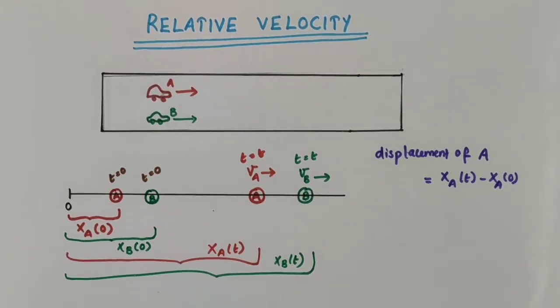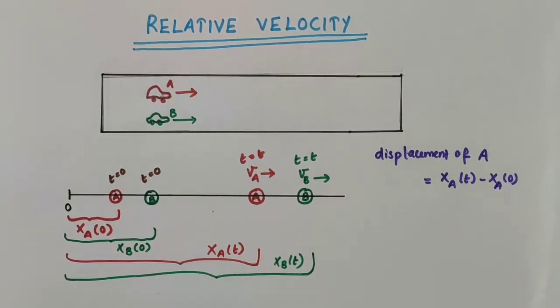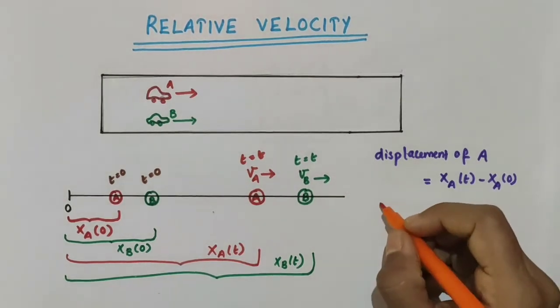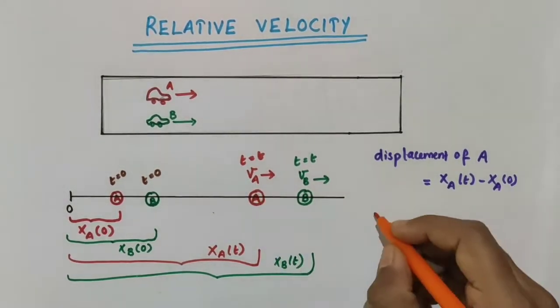Alright, then we have one expression for average velocity now. We have already discussed average velocity, instantaneous velocity, etc. I will provide the link in the description box if you haven't watched that video. So we have an expression for the average velocity as what? The average velocity of A is va.